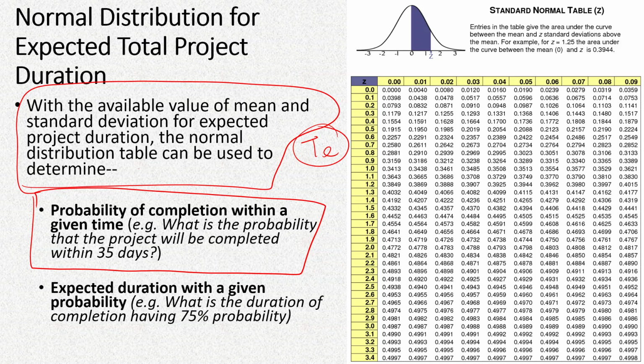Another type of question may be, what is the duration of completion having 75% probability or 35% probability and so on. Generally these kinds of questions are not asked, but it is a valid question near the extreme. That means what is the duration with 100% probability or 99% probability?